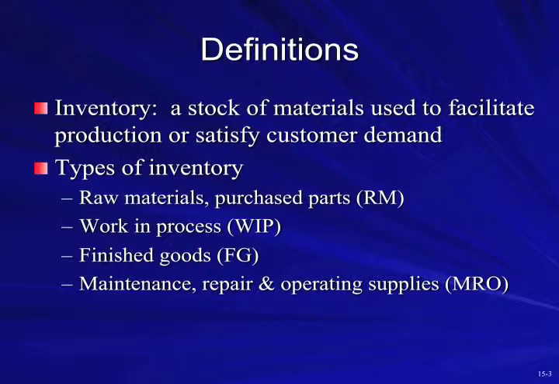There's a fourth category which is not called inventory, but it's every bit a part of inventory, and it's called maintenance, repair, and supplies. These are items which are expensed. They're not included in your inventory in a dollar sense, but they are important in any operation to get the job done.